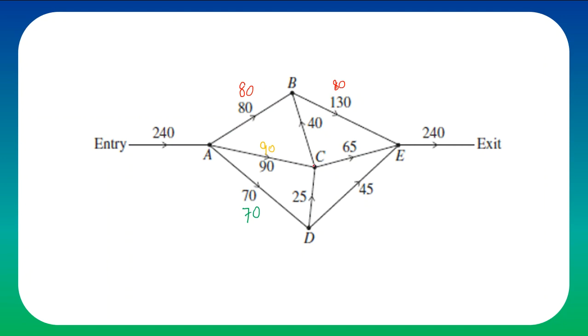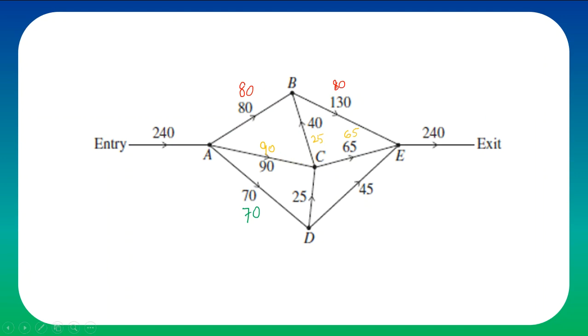Then for this one, let's say 65 go through CE. Now out of 90, what is remaining? 90 minus 65 is 25, right? So the remaining 25 will go here. Okay, that makes up 90. So it's all good up until now.